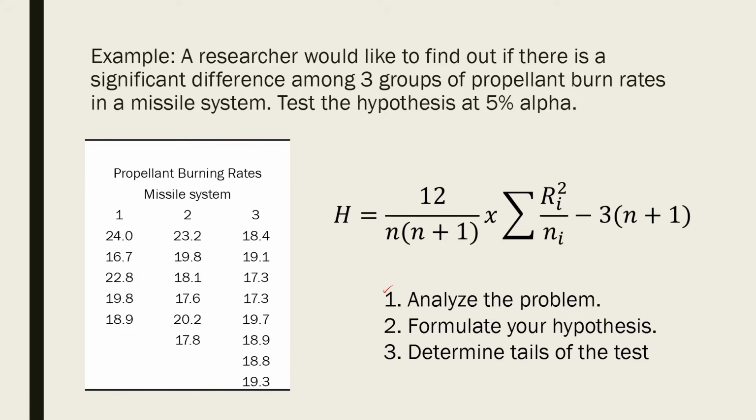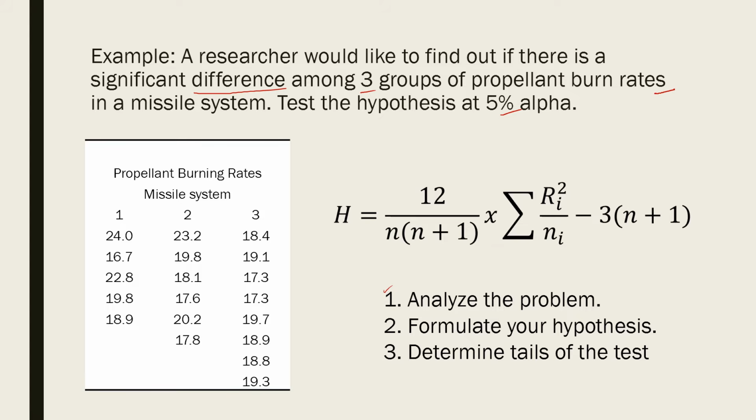So let's try to do that. We're looking for significant difference, so we're going to be testing for difference. We have 3 separate groups. We're testing propellant burn rates, and we're testing it at 5% alpha.